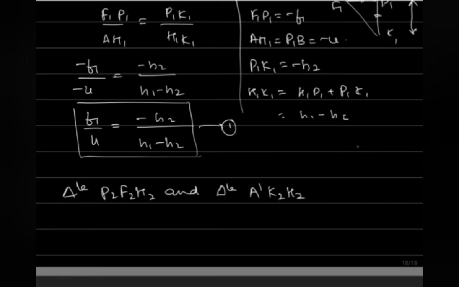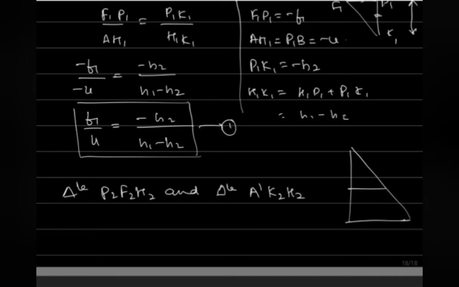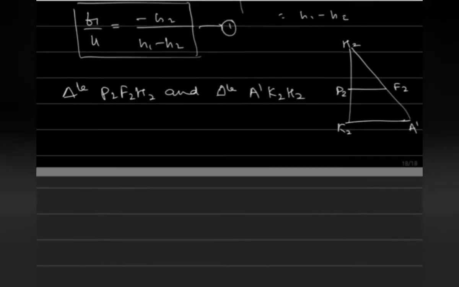It means we use the triangles like this. So here this is the H2 and this is the P2, and here K2, this is the A dash and this is the F2.